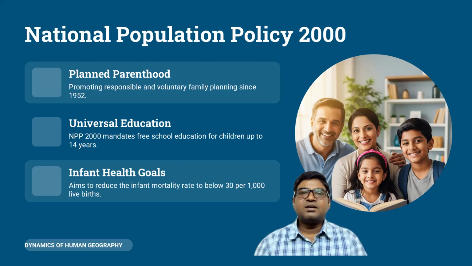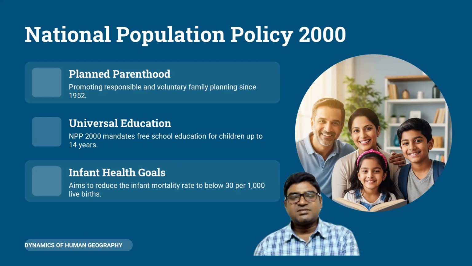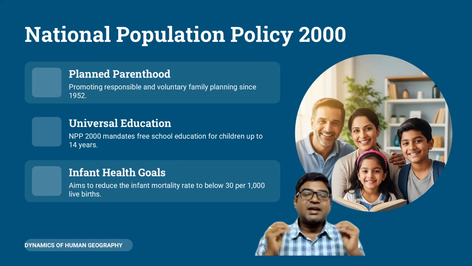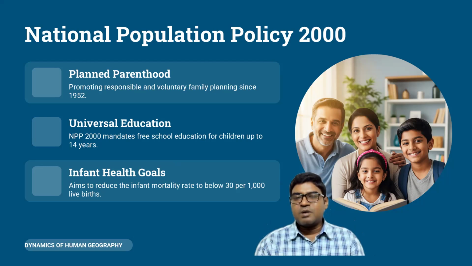So today we discussed what population is. The number of people living in an area is considered the population. What are the driving factors? How does the population dynamics change? Whether it increased or decreased, areas with high population, areas with low population, why some areas have high population, and why some areas have low density, meaning the number of people living is less.